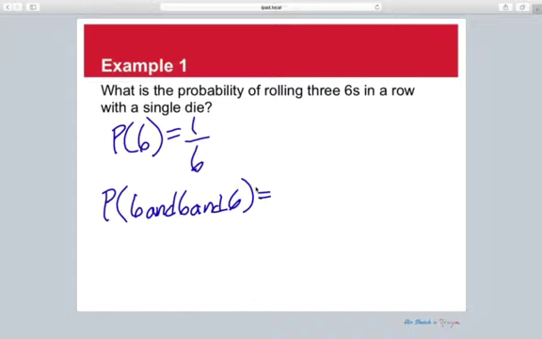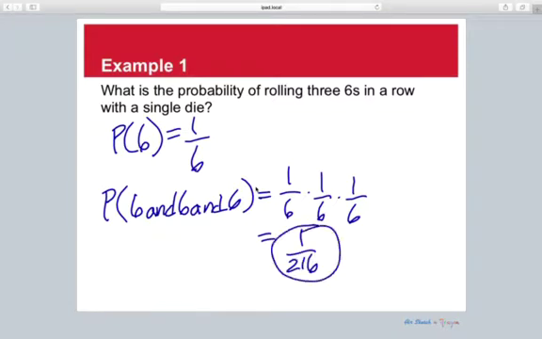And since the outcome of one roll will not impact the outcomes of the following rolls, they are considered independent. All I have to do is then multiply together 1/6 times 1/6 times 1/6, their individual probabilities. And that comes to 1 out of 216. And there's our answer.